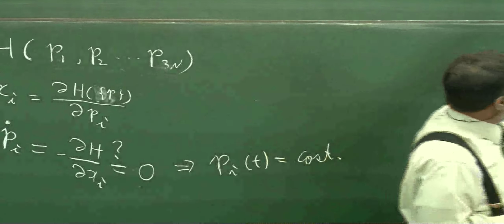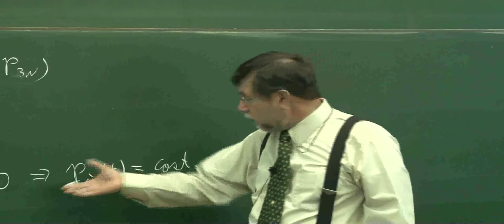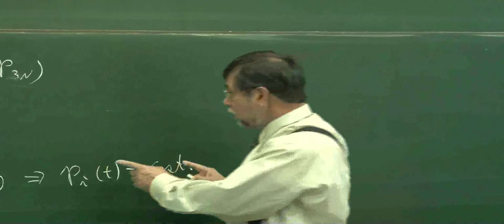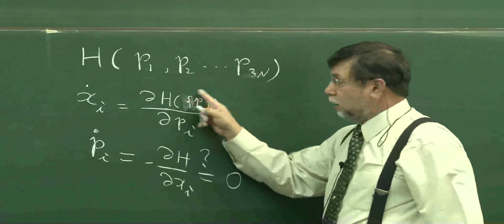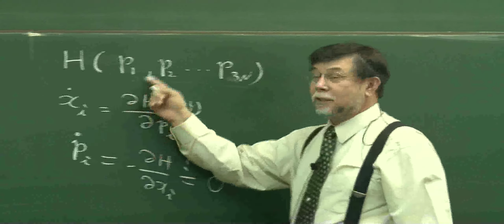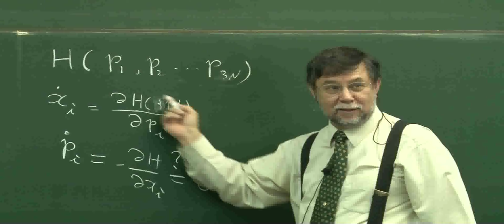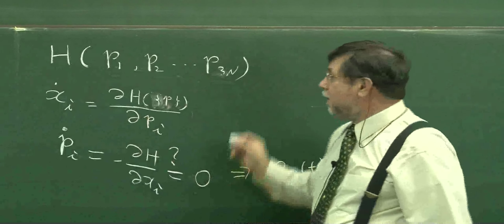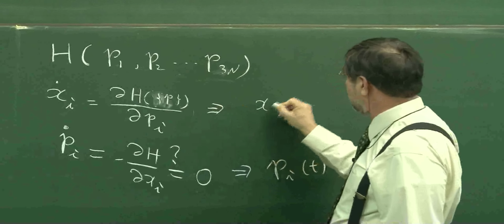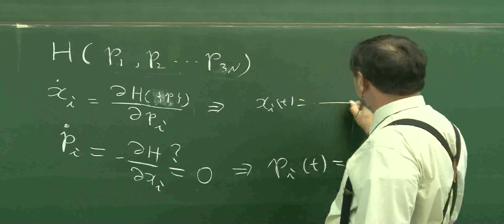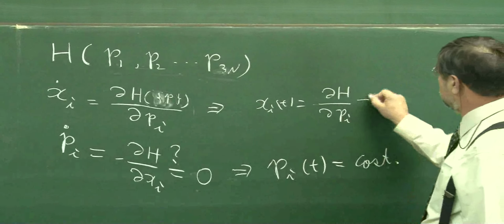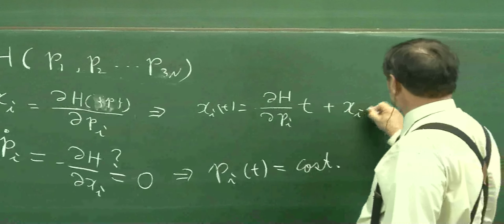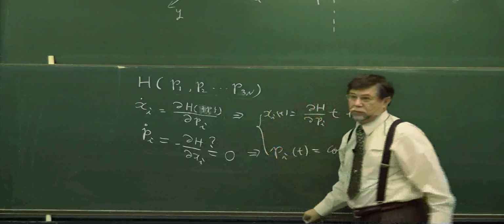Even that there is not p squared over 2n, it's more complicated function, but still this is invariant of motion. So now you substitute this solution in here. So this is a constant. Therefore, this is constant, isn't it? No time dependence. Therefore, you can now integrate, so this is a solution.